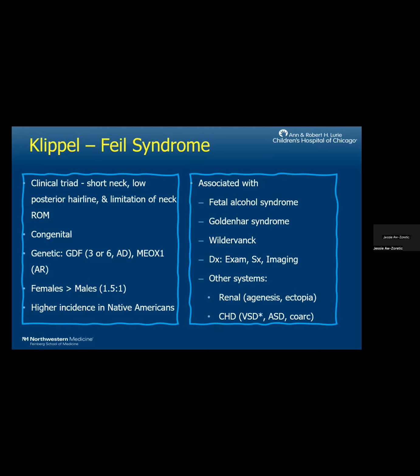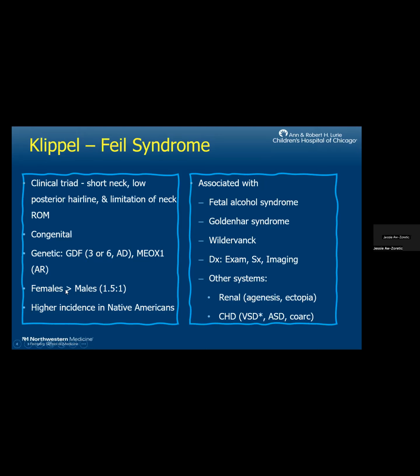It is an autosomal dominant inheritance, while the other entity, MEOX1, creates a protein that regulates the separation of vertebral body formation. And GDF stands for growth differentiation factor.